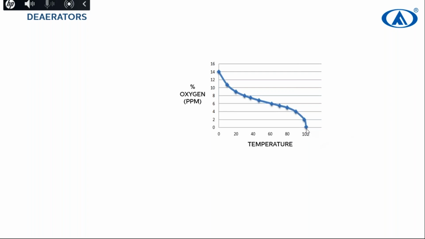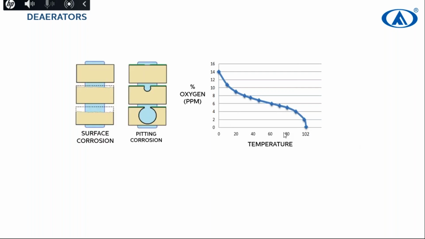If it's less than 102, it means there is still oxygen in the line, and that oxygen will cause pitting corrosion, not just surface corrosion. This oxygen makes tiny holes, and these holes will cause discharge leakages. That's why deaerators should be above 102. My advice is 105 degrees Celsius, and at least 110 degrees Celsius.